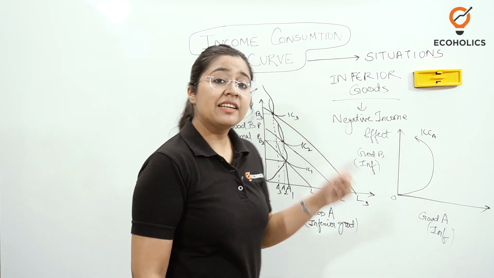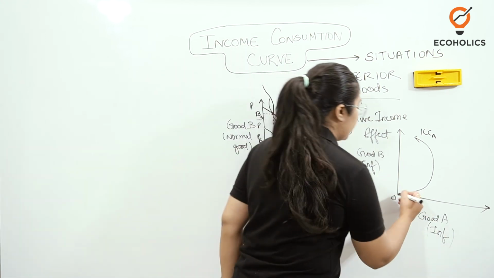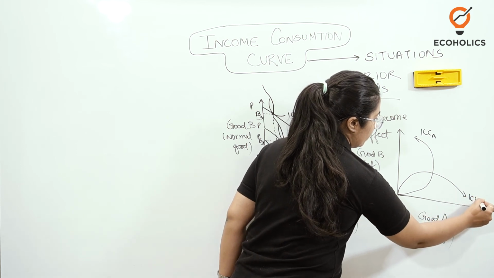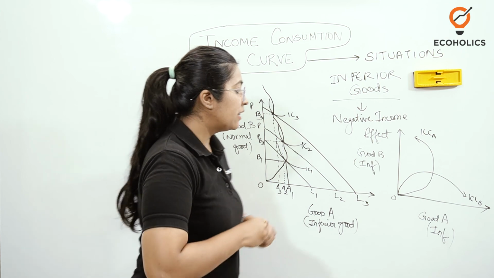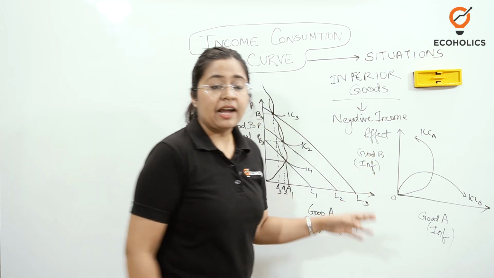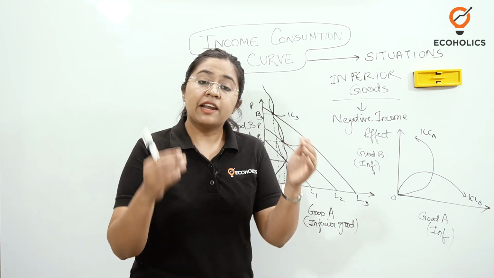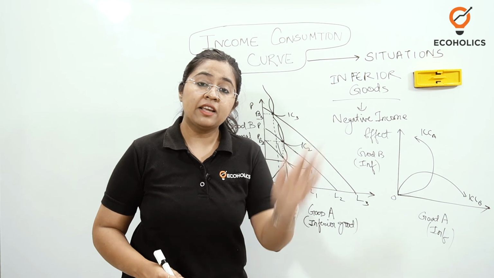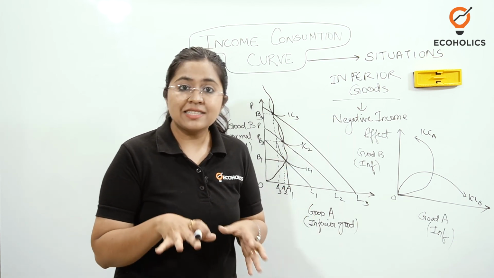Okay, and the income consumption curve for good B is going to be backward bending like this, ICCB. Okay, so in this fashion, you can learn that whenever the commodities are inferior goods, their income consumption curves are going to be backward bending from that axis where your inferior good is existing.